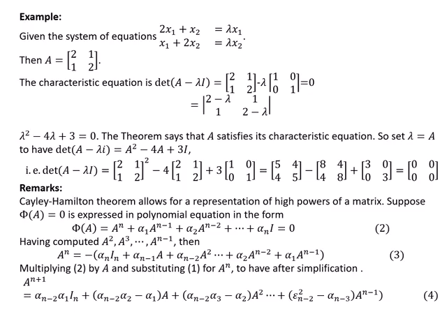Having computed A squared, A raised to power 3, up to A raised to power n, then we substitute into that equation, so we have equation 3. Then multiply 2 by A, and substituting equation 1 for A raised to power n, after the simplification, you will have A raised to power n plus 1 equal to your equation 4.